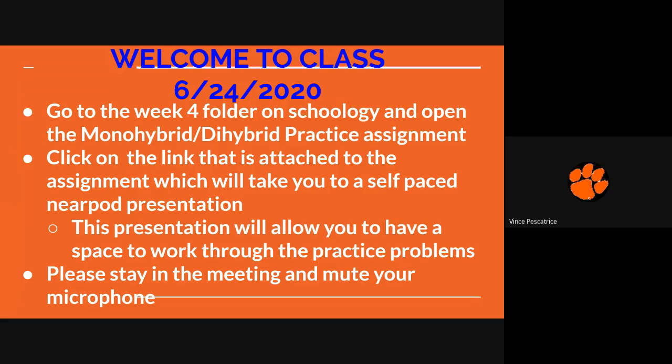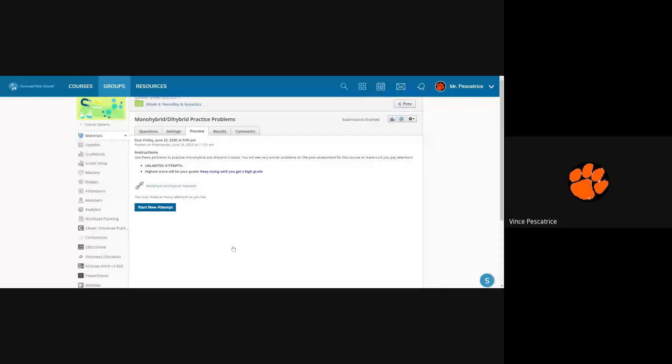Okay, so if you go to the week 4 folder and click on the assignment for today, you should see something that looks like this. This is the link that I'm talking about. Make sure you use the Nearpod link that goes with it to help you work out these problems with the attempt.